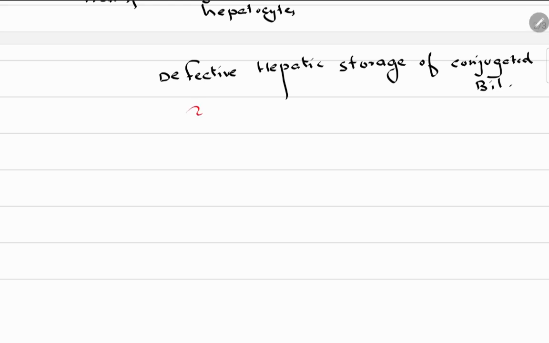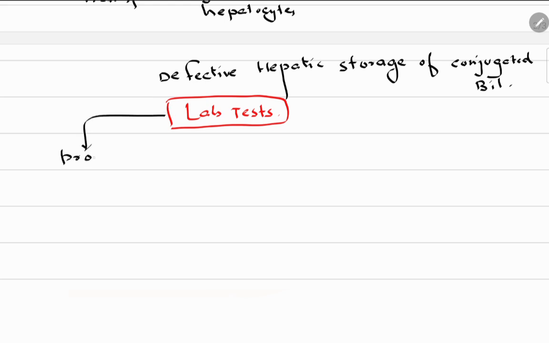Now, what are the lab tests that you will find in Rotor syndrome? You will find prolonged retention of IV injected unconjugated bilirubin and ICG.